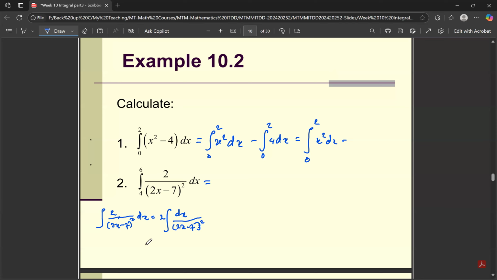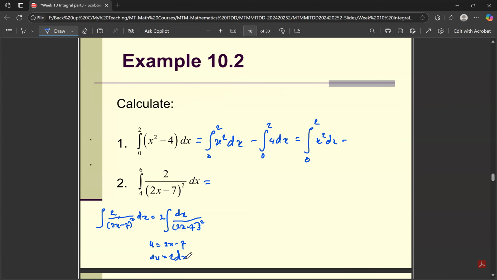Using a little substitution here, we have u equal to 2x minus 7 and du is 2 dx.